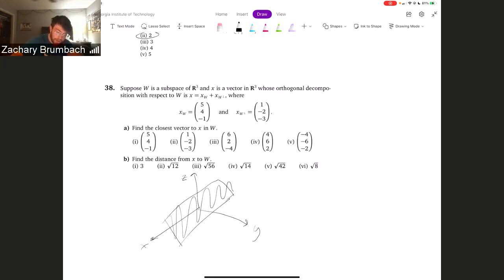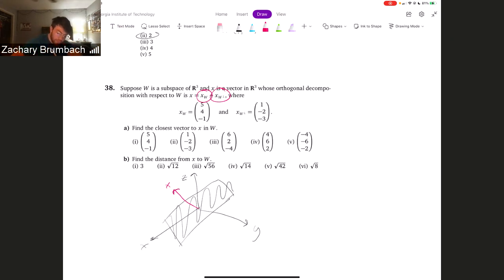And we have some vector, call it X, coming back that way, all right? This isn't necessarily drawn in the right directions, but this is just to show y'all what's going on, all right? So this gives you the projection, XW, and the orthogonal component, XW orthogonal.